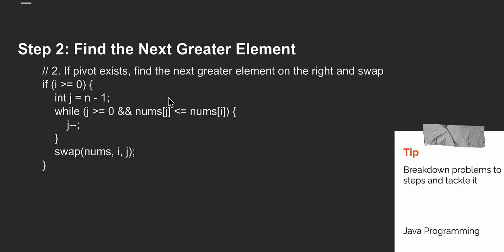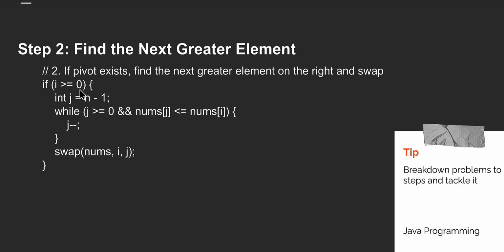And then find the next greater element from the right side. That's the right pointer. You already know a pivot exists, and now you find the next greater element on the right and then swap it.